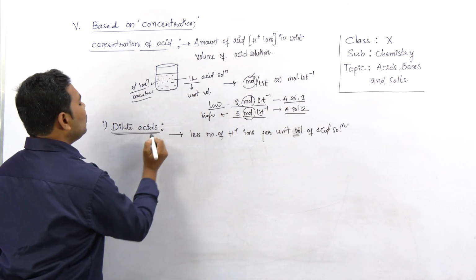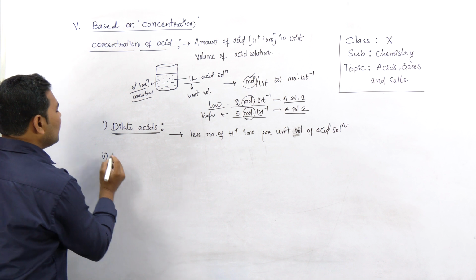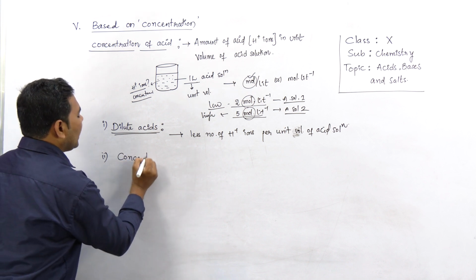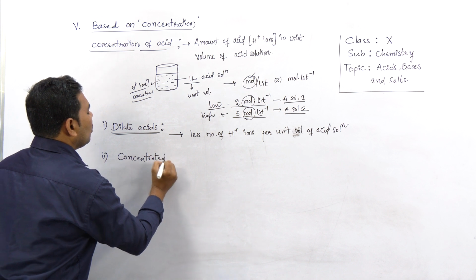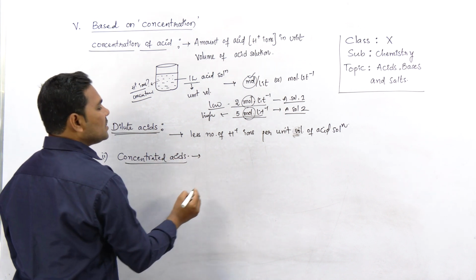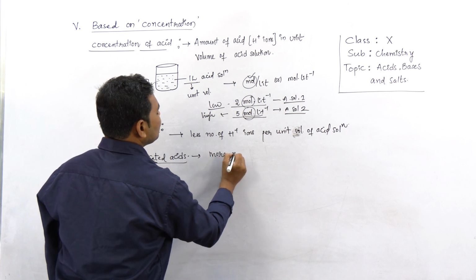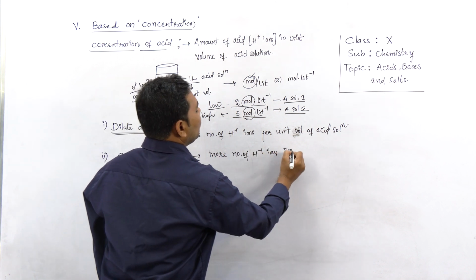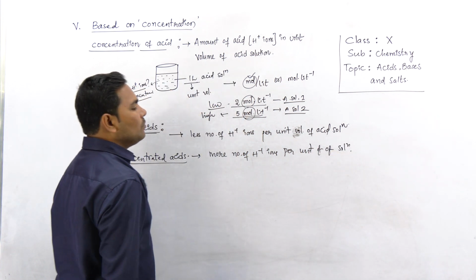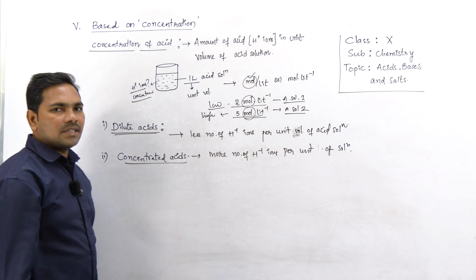Then the second one, opposite to this, is concentrated acids. These concentrated acids have more number of H plus ions per unit volume of solution. So they are generally called concentrated acids.